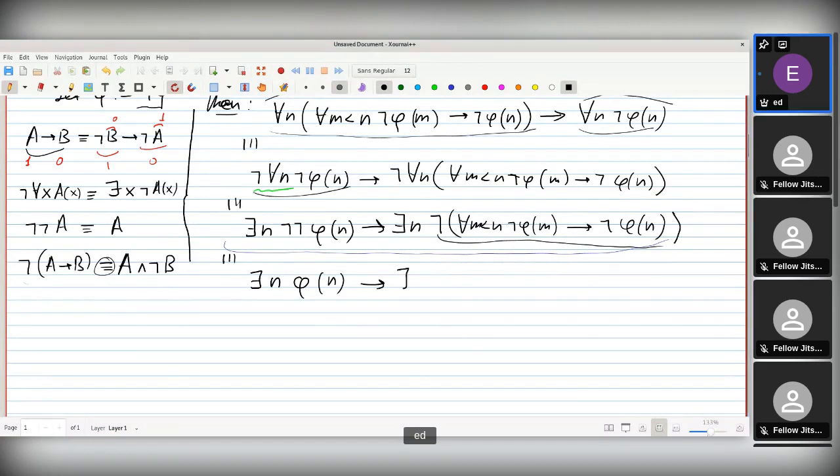Okay. So here I have, under the quantifier, there exists n such that this part, the assumption, holds for every m less than n, not phi of m. This holds, but this one is false.